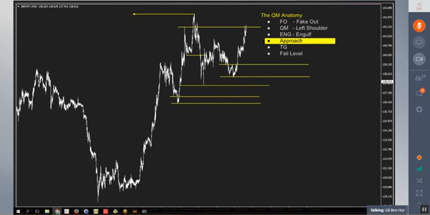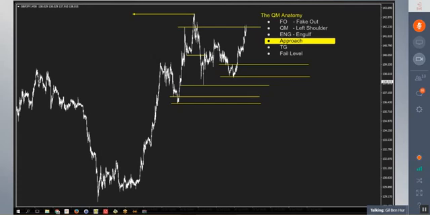And what would be a confirmation? A confirmation would be exactly what we're doing. It's going to be a little Quasimodo in a lower or very low time frame, 1 minute, 5 minutes, a tick chart.